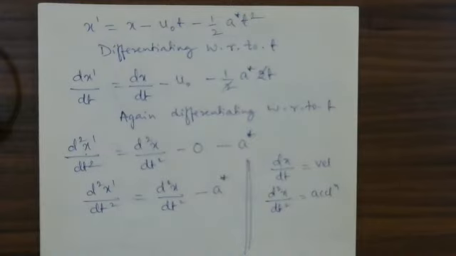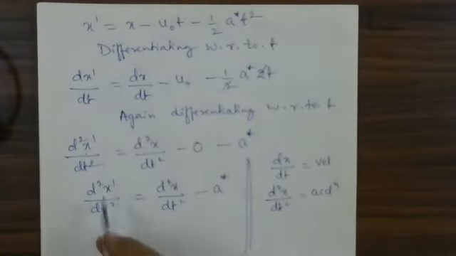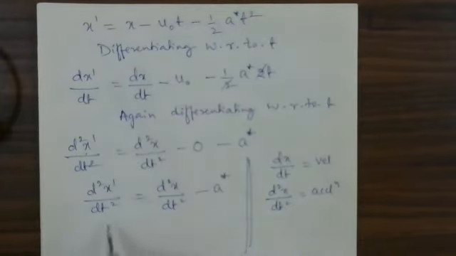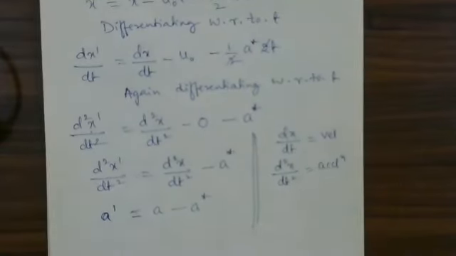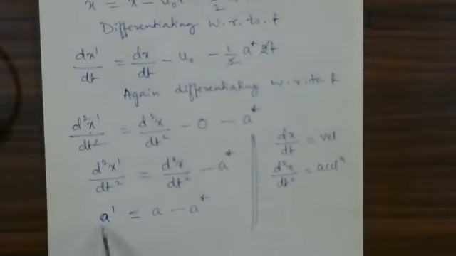Okay, so we'll substitute these ideas here. Therefore, I can write d square x dash by dt square is equal to a dash. This is a dash, acceleration in the frame s dash. This is acceleration in the frame s, minus a star. Okay, this is acceleration in the frame s dash.